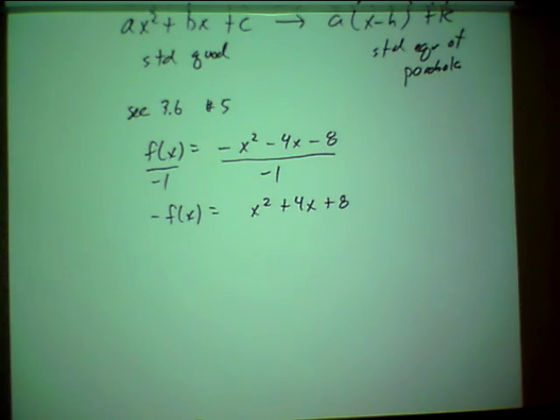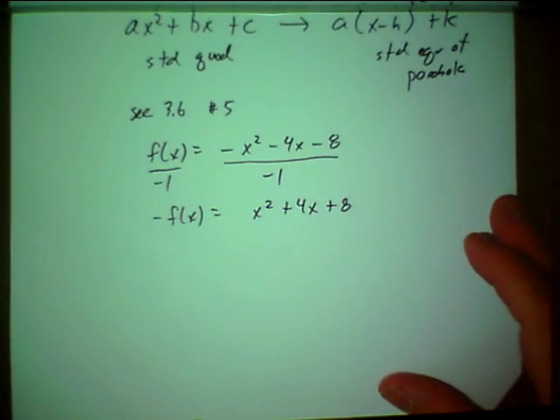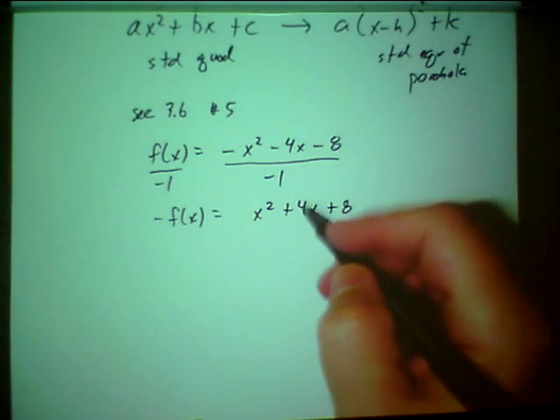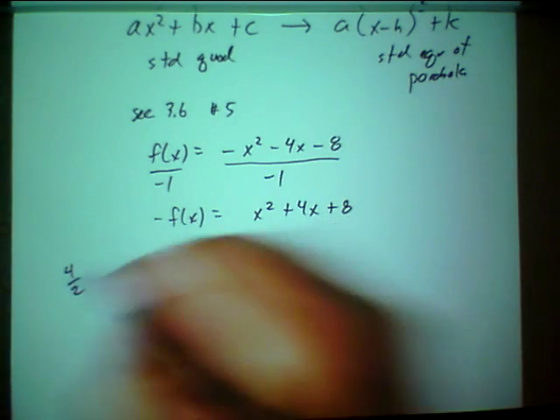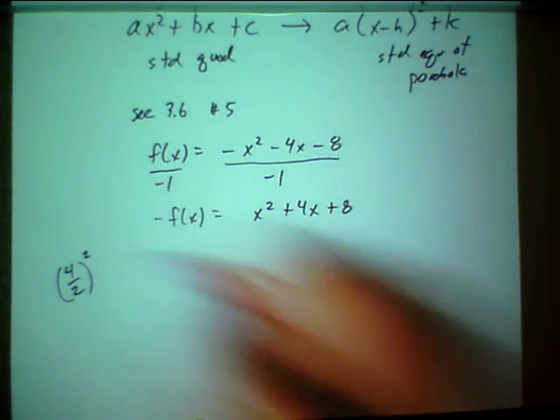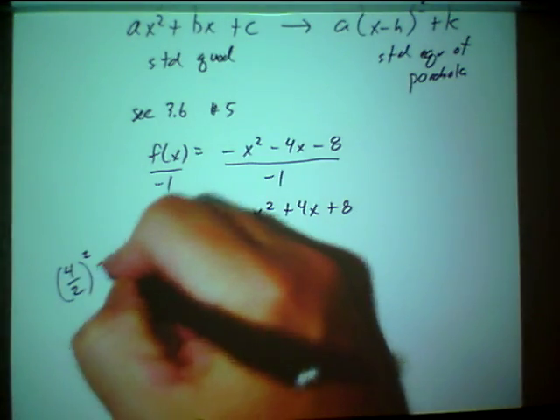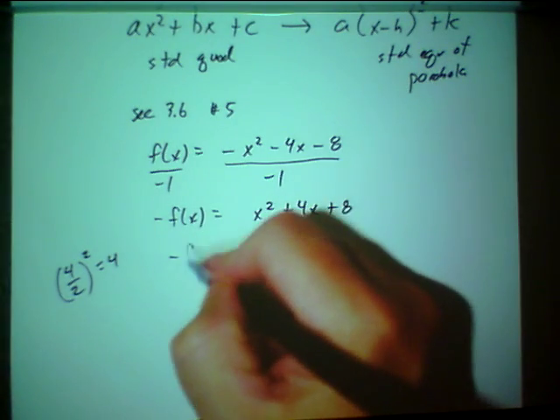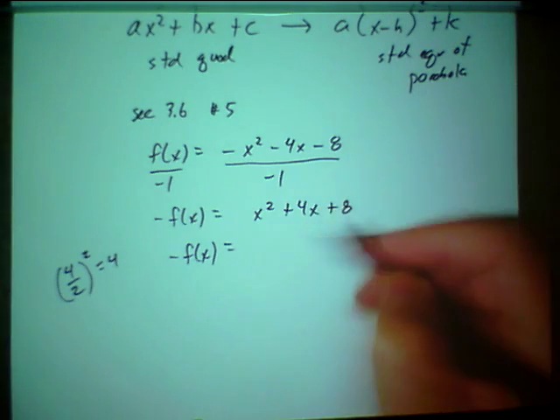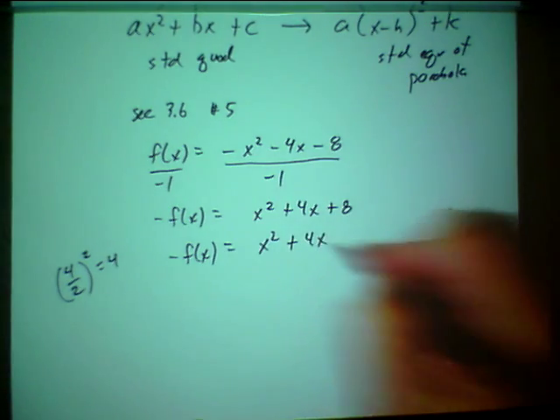And now I'm going to do my completing the square, where I take the coefficient of the middle term, go off to the side, divide it by 2, and then square it. So 4 divided by 2 is 2, 2 squared is 4. So 4 is my special calculation. Now here's what I'm going to do with it. I'm going to write the first two terms, x squared plus 4x.